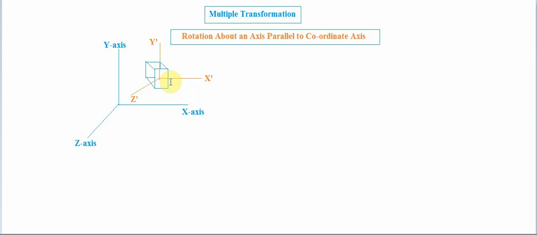Fine. So now what are we actually expecting here? We want to perform the rotation of this object with respect to these points, right? So now here if you see, the local axes are parallel to these axes, right? So this y-axis is parallel to y dash, this x-axis is parallel to x dash, and the z-axis is parallel to this z dash. Fine.